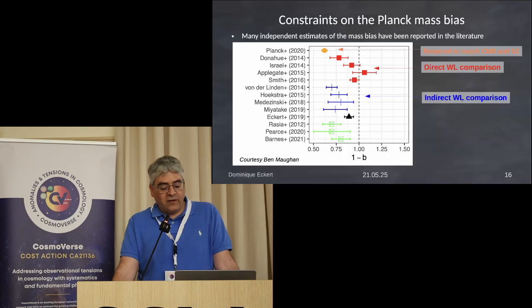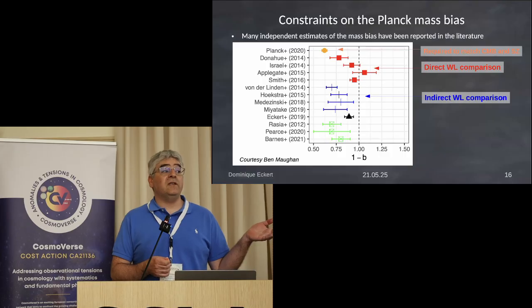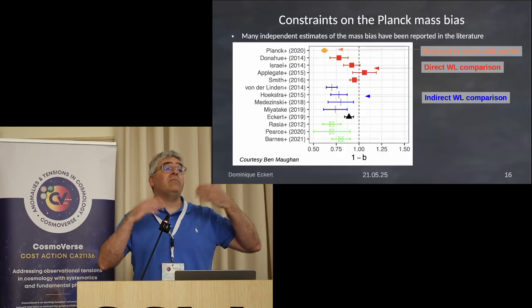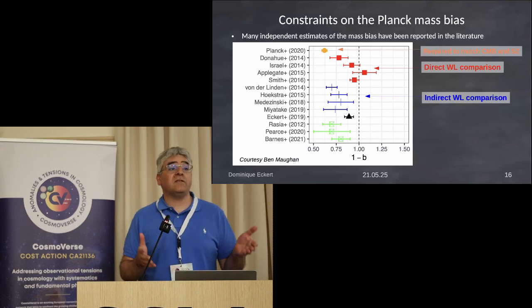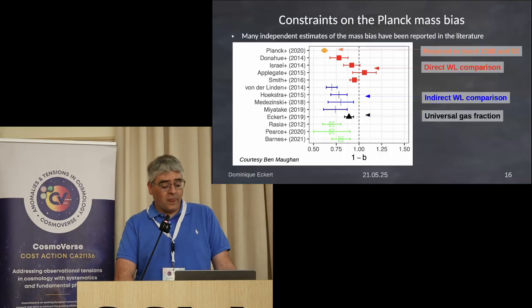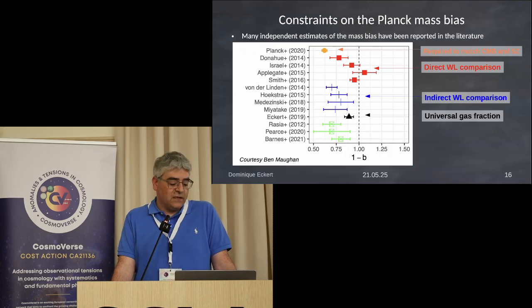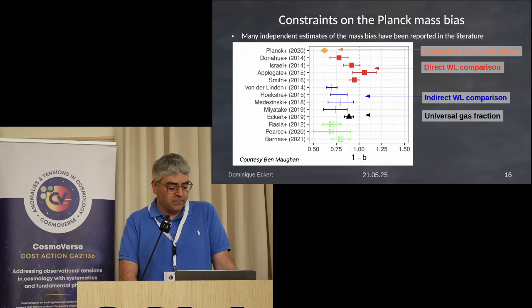Then you have indirect weak lensing comparisons. So in that case, you have measurements of the weak lensing signal from these systems, and you have Planck inferred masses using the scaling relations that they assume for their analysis. Here, this is what you would get if you assume that you know the gas fraction of these systems, and you use this gas fraction as an anchor for what the true mass should be.